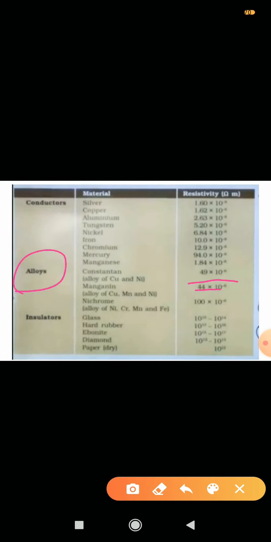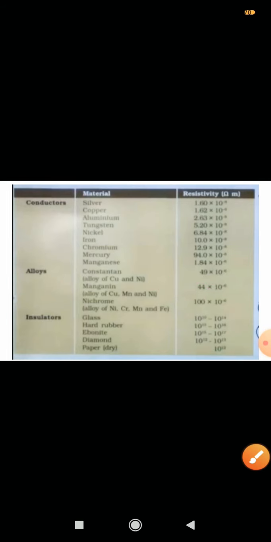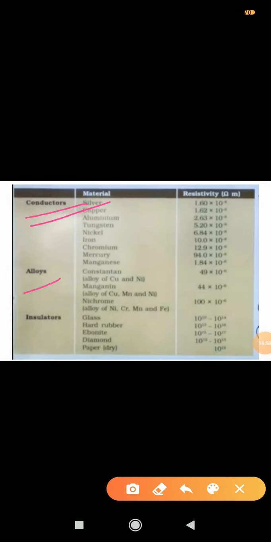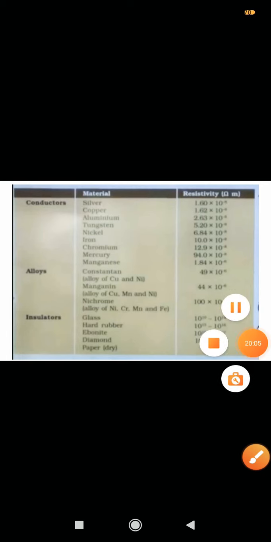Their resistivity is high when we mix these metals. This chart is present in our NCERT 10th standard textbook. You can read it. It is only for solving resistivity problems, resistivity numericals.